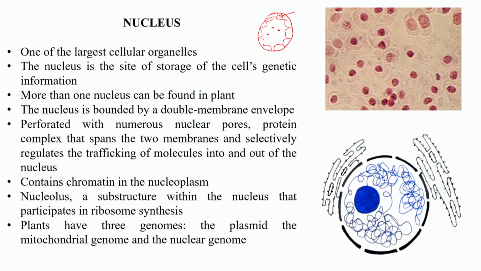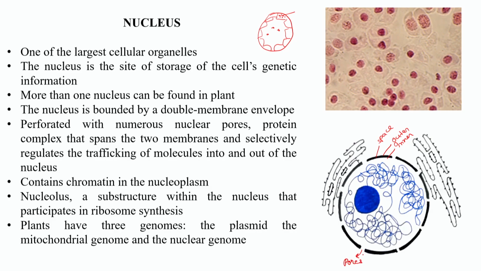This nucleus is bound by a double membrane envelope, as in the case of chloroplast and mitochondria. So it will have an outer membrane and an inner membrane, and in between you have an intermembrane space. In that membrane we can find a lot of pores.